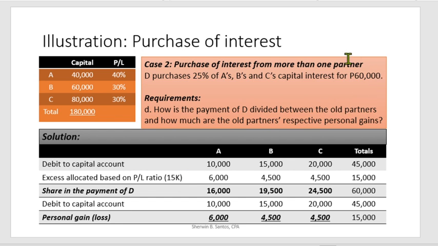So if you will look at the case, the amount of consideration given by D is 60,000. 60,000 ang kanyang binayad, pero ang capital credit lang sa kanya ay 45,000. So ngayon, we account for the 15,000 kung paano ito ma-distribute between A, B, and C. So yun yung tinatanong sa item D.